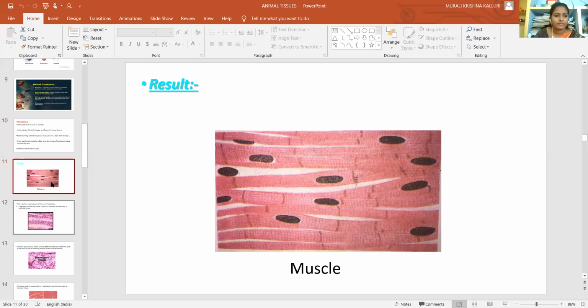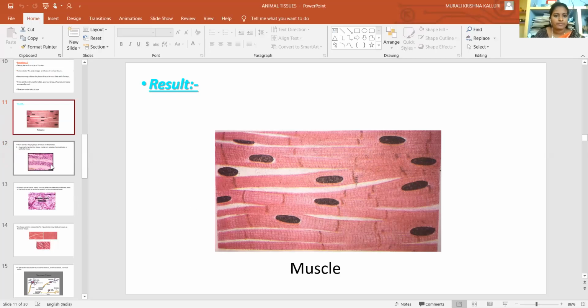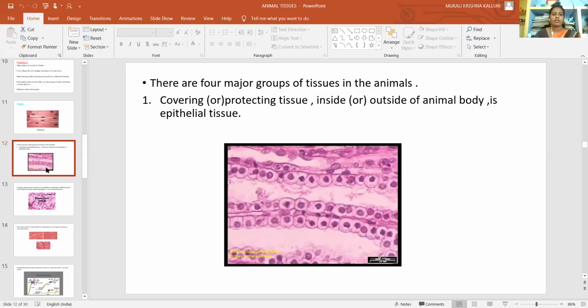Next, we all know there are 4 major groups of animal tissues. So many times we told. First one is the outermost covering tissue, the covering and protective tissue.